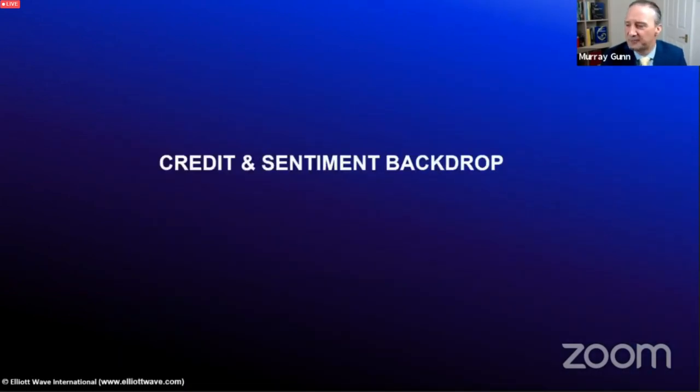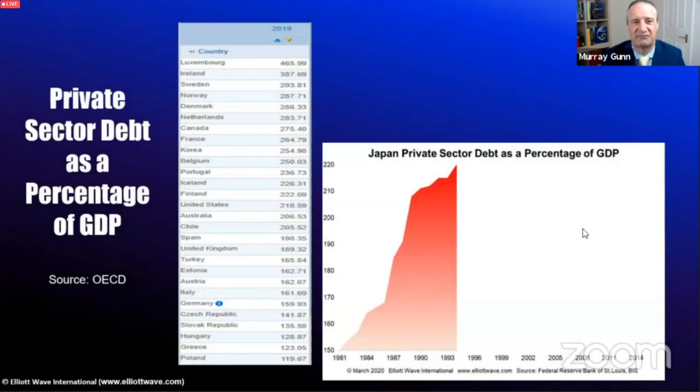Okay, so what about the backdrop of what's happening in the world at the moment? Well, our thesis really revolves around debt and credit, which is the broad sweep of cycles which are in the markets at all times. Now, private sector debt as a percentage of GDP, gross domestic product: if we look at these stats from the OECD back in 2019, we have Luxembourg at the top there at 465% private sector debt to GDP.